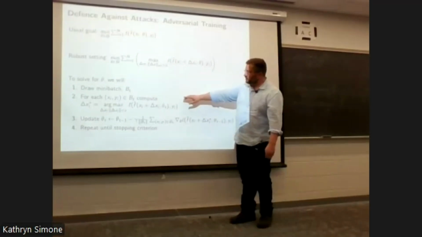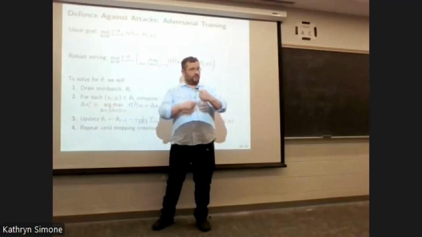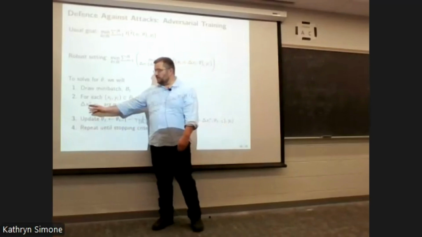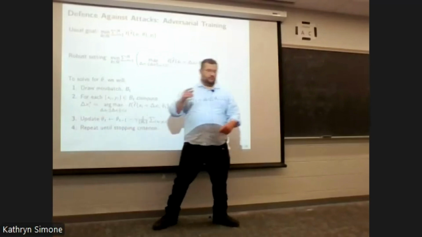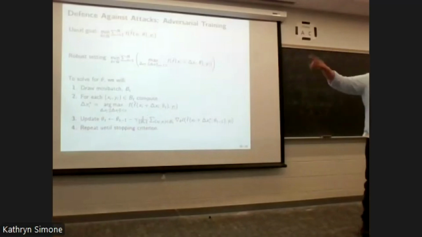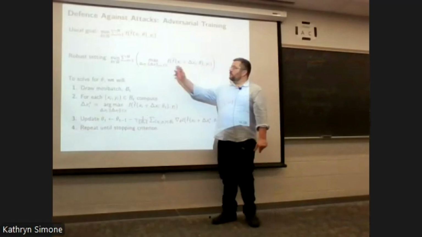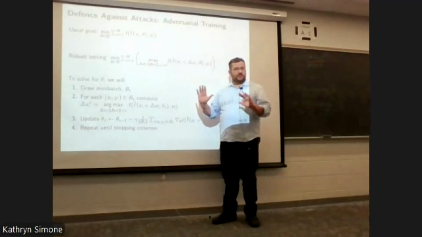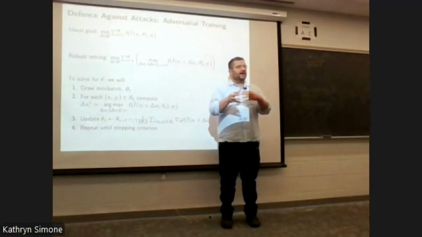For every point in our batch, at any iteration, we have a perturbation for each sample in the batch, and then we minimize the performance against that, and then we repeat this process until convergence or a maximum number of iterations. If we were just to throw in the negative loss, that wouldn't be the same thing, but it does get at the same idea. We're working against the opponent.